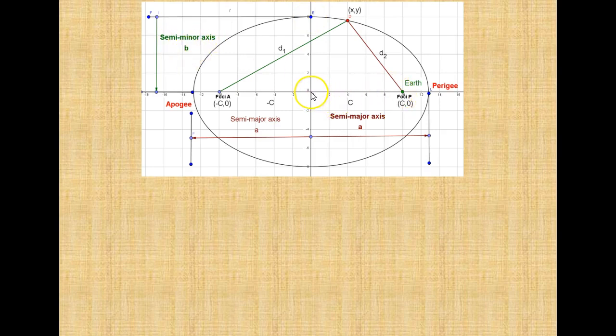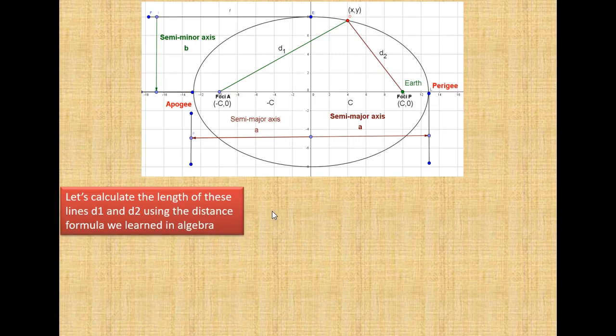And from the center of the ellipse to perigee, and from the center of the ellipse to apogee, that's the semi-major axis a, on both sides. So let's get started. Let's calculate the length of these lines, D1 and D2, using the distance formula we learned in algebra.